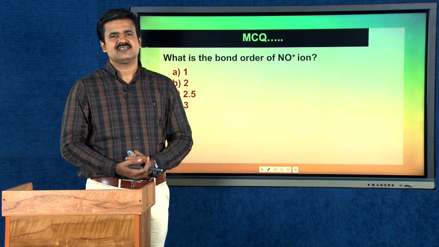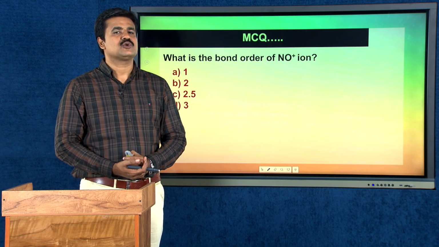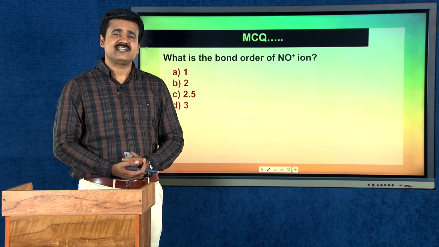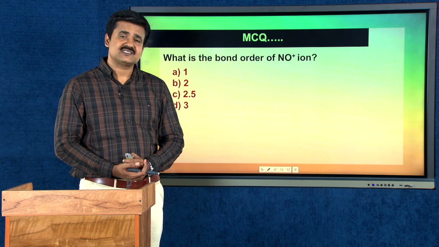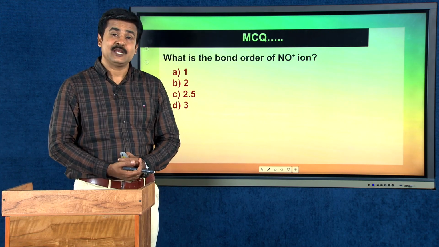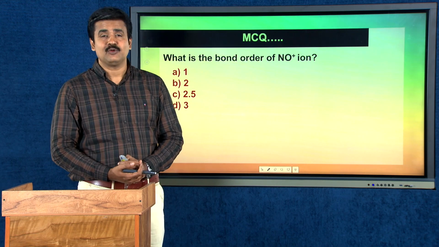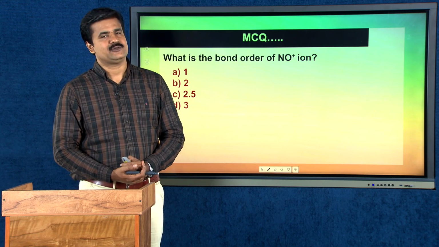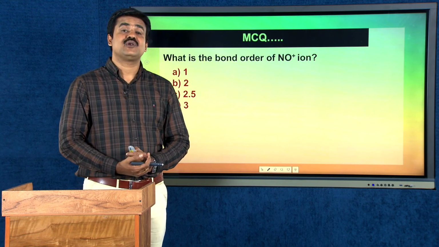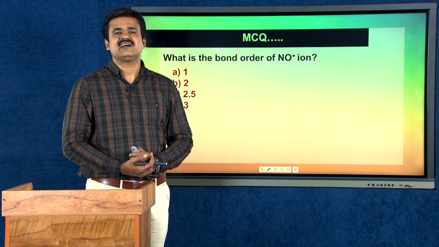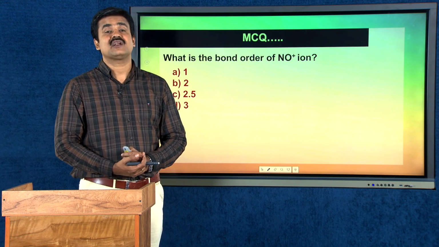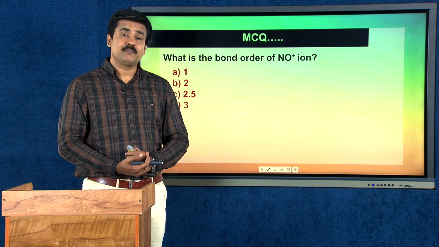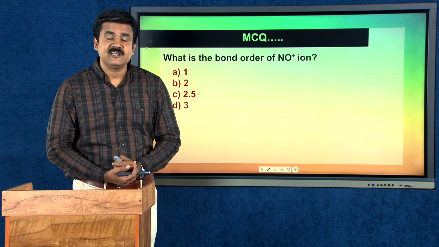This is because in NO there are a total of 15 electrons. For nitrogen, atomic number is 7, and for oxygen, atomic number is 8. So in neutral NO molecule, there are 15 electrons. But the question is about NO plus. So it has one electron less than neutral NO molecule. So NO plus is a molecule with 14 electrons.